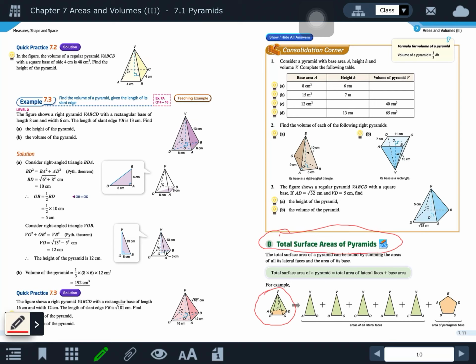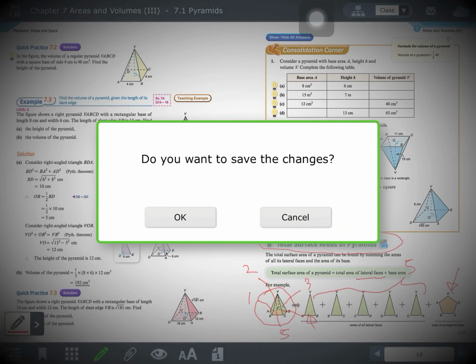For the lateral faces, you will see 1, 2, 3, 4, and 5. You have 5 lateral faces, and then the base will be the area of the pentagon. So totally you add up all these 6 faces' areas, and you will get the answer.